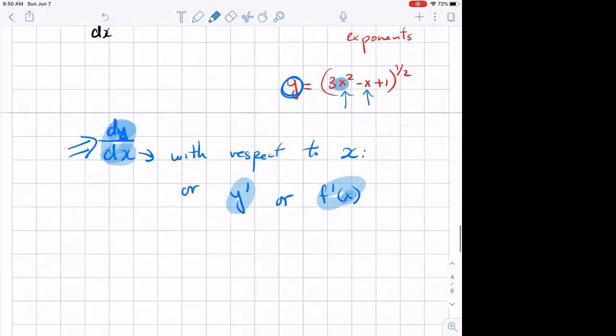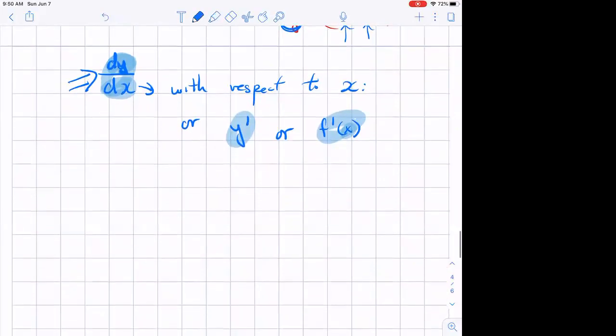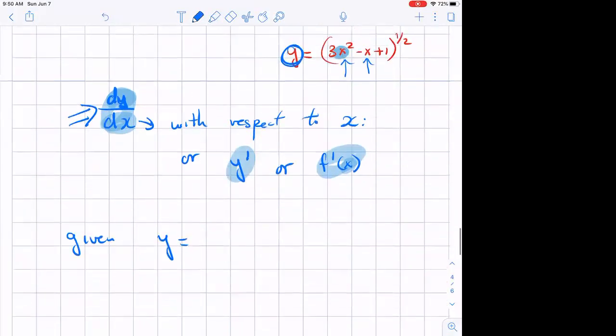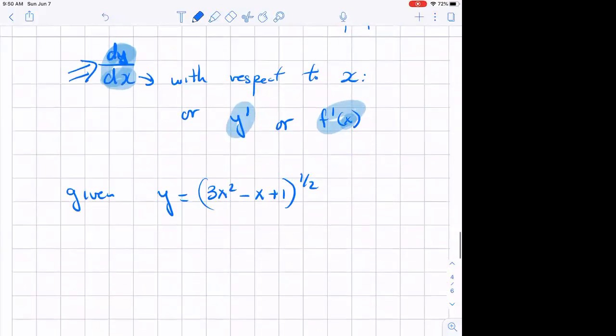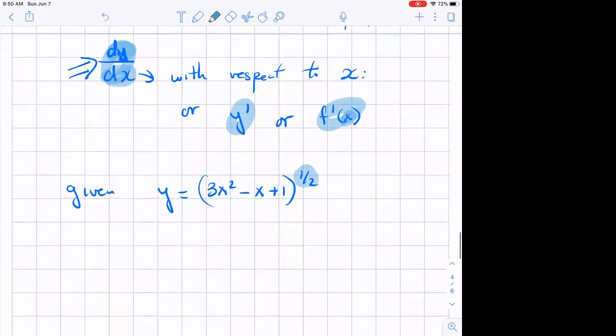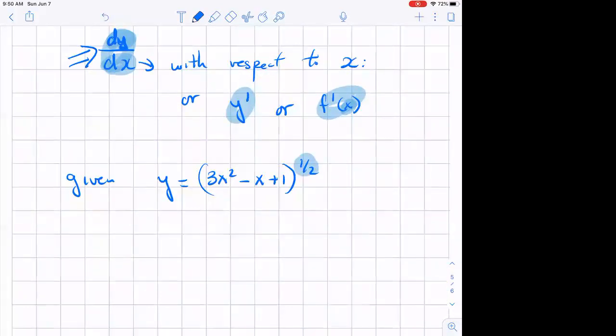So you're given y is equal to 3x squared minus x plus 1 raised to the 1/2 power. So the power here is 1/2. So y prime is equal to the power first. Always start out with the power: 1/2 times 3x squared minus x plus 1, and we subtract.